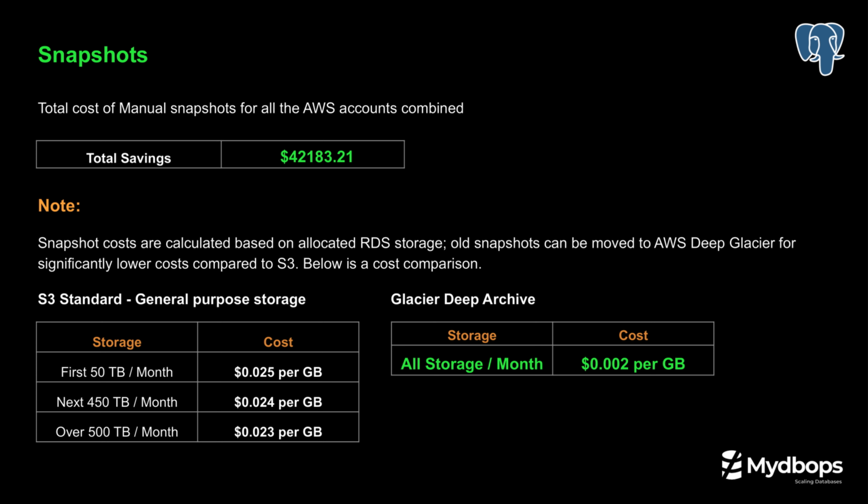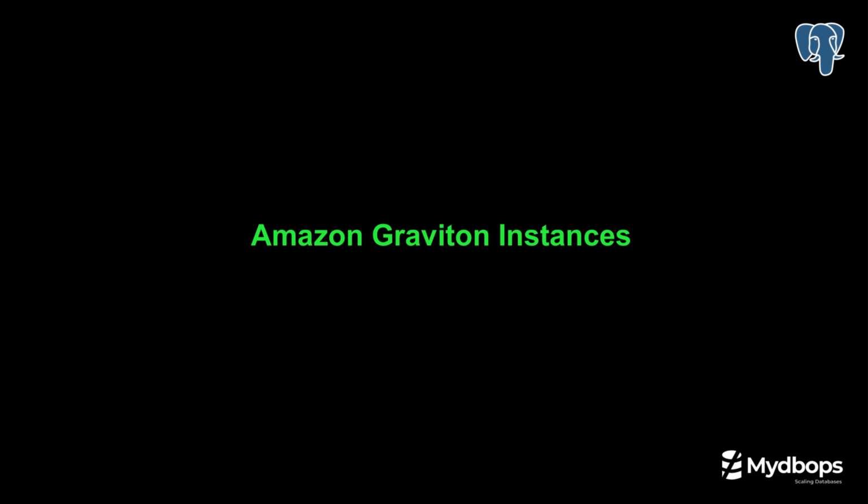If we want any particular snapshots to be kept, then we suggested moving them to AWS Glacier Deep Archive, which charges comparatively less than S3. Here we have given the cost comparison between S3 and Glacier Deep Archive, and we can see the difference. So in case any snapshot is required to be kept and cannot be deleted, we can move it to Glacier Deep Archive and save the storage cost.